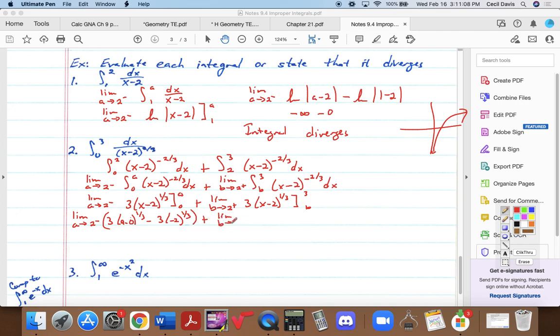the limit as b goes to 2 from the right of 3 times 1 to the 1/3 minus 3 times b minus 2 to the 1/3. And I still haven't written this right. That's a minus 2, right?